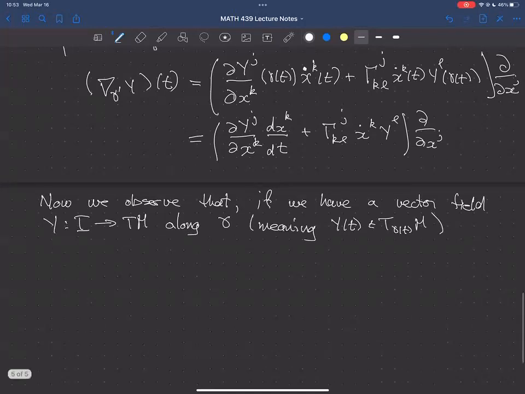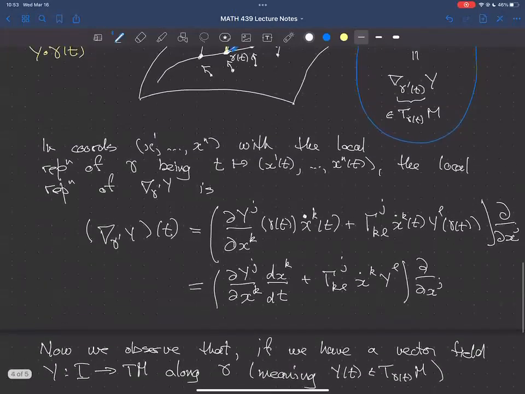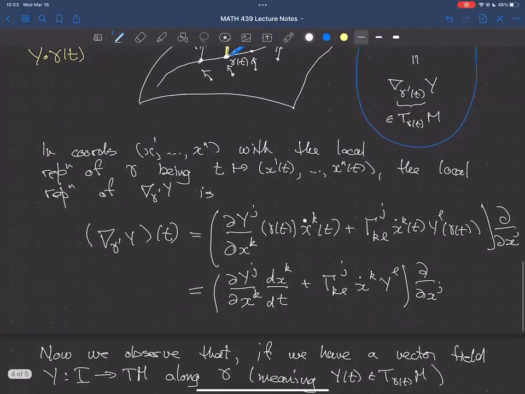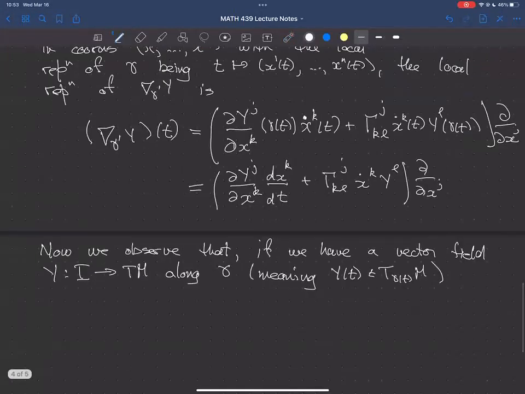In my picture up here, although the y's were defined at points away from the curve, I don't really care about anything except the y's along the curve. That's why the construction that I'm going to do now makes sense.